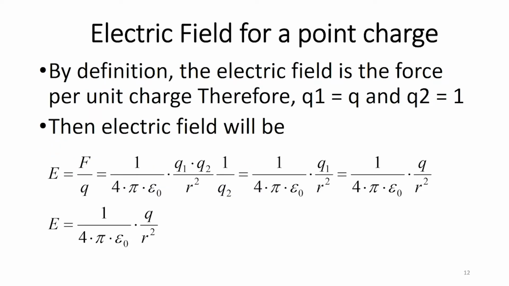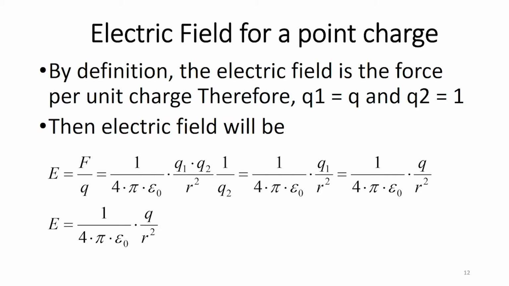By definition, the electric field is the force per unit charge. Therefore, Q1 equals Q and Q2 equals 1. Then the electric field will be E equals F divided by Q, which is equal to 1 divided by 4 pi epsilon 0 times Q1 Q2 divided by R squared times 1 divided by Q2, which is equal to 1 divided by 4 pi epsilon 0 times Q1 divided by R squared.